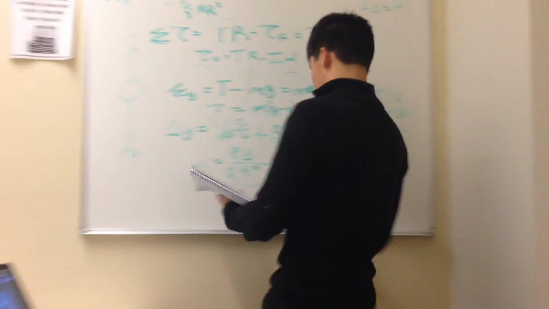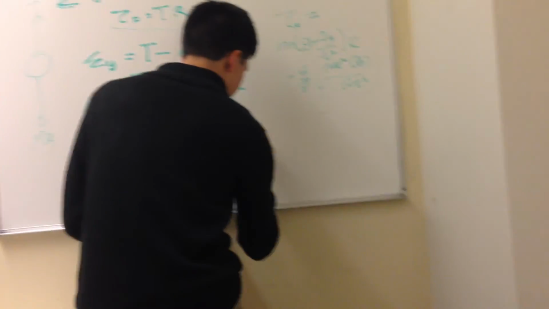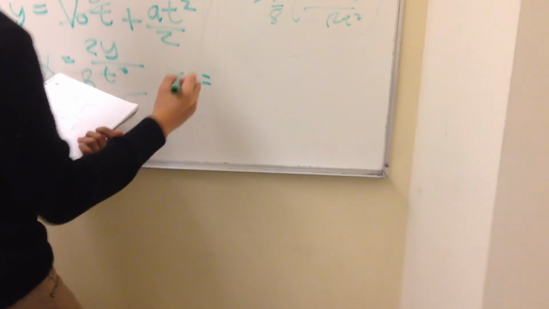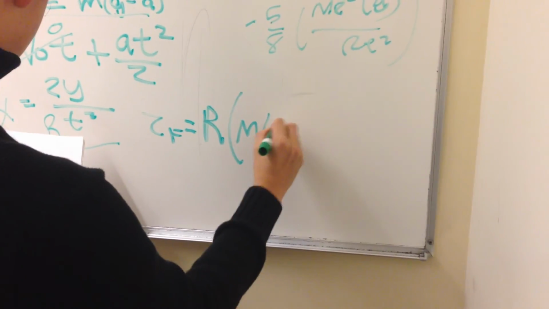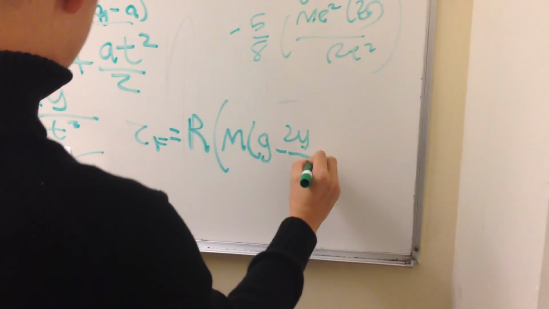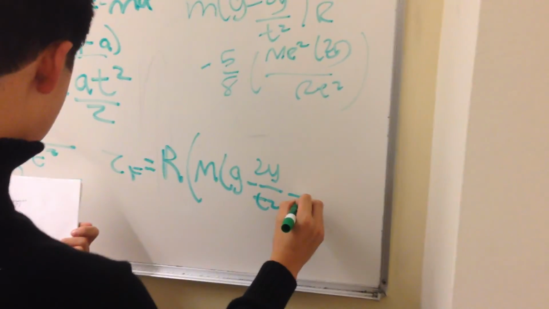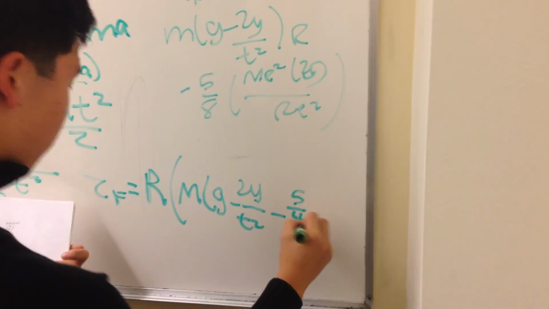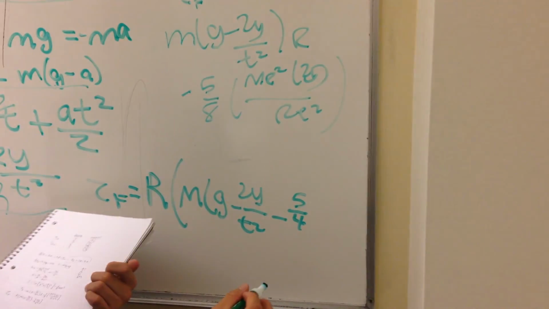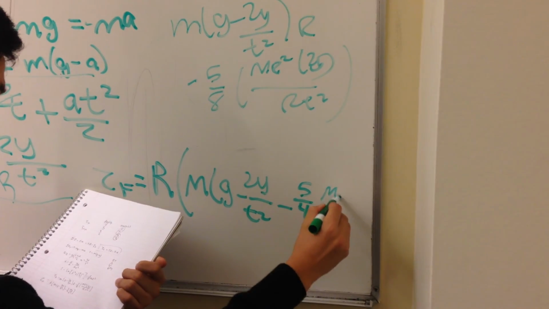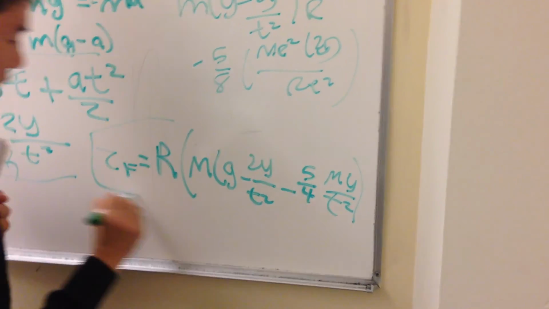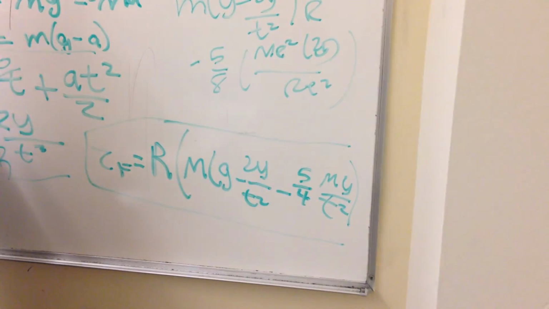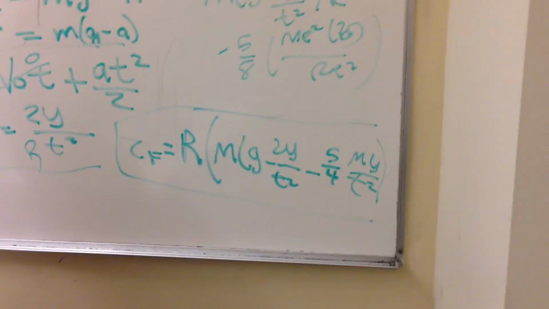Our final answer is frictional torque equals r times m times g minus 2y over t squared, minus 5/4 m y over t squared. And that is the torque acting opposite to the torque created by tension.